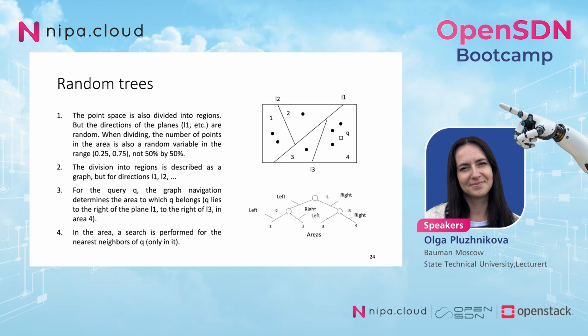And for the query, the graph navigation determines the area to which the search query belongs. In the area, search is performed for nearest neighbors of Q, and only in this area. There is no need to build spheres and navigate the graph by comparing the distance between points.